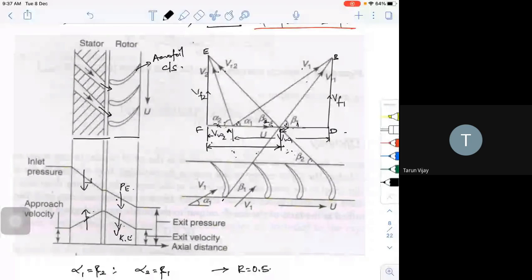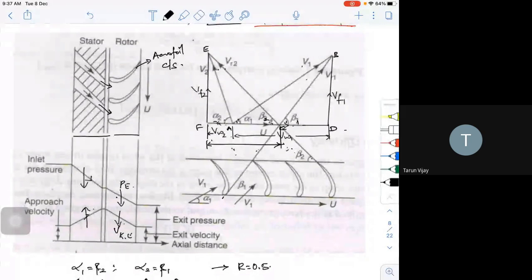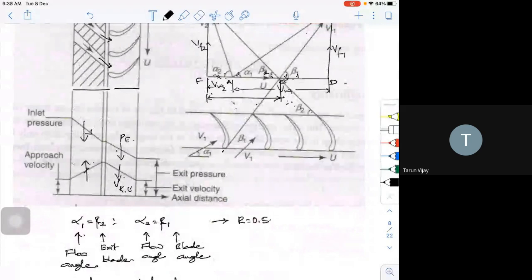Now, if you look at how pressure and velocity are changing, it enters at some inlet pressure, and there is a drop in the pressure, that is when the steam is expanding, that is when the velocity is increasing. This is my velocity, this is my pressure. So pressure is dropping and the velocity is increasing in the nozzle.